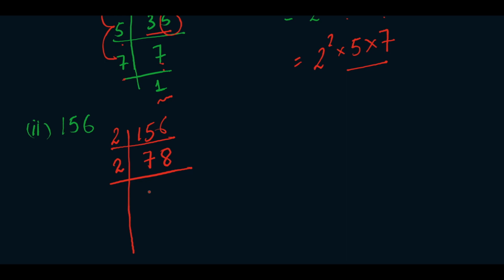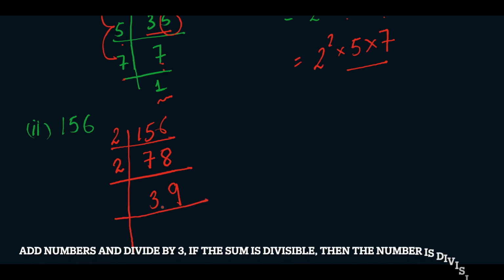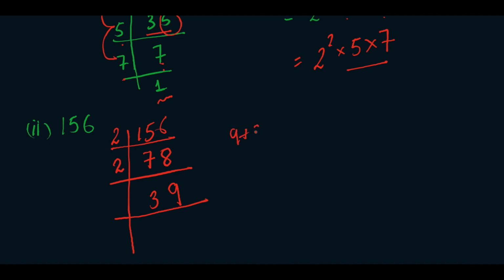So this is 39. Now if you want to know whether the number 39 is divisible by 3, just add those two digits, 9 plus 3, which is 12. Now 12 is divisible by 3, so this 39 will be divisible by 3. So we divide by 3, we get 13. Now 13 is a prime number, so we divide it by 13 directly and we get 1 here.